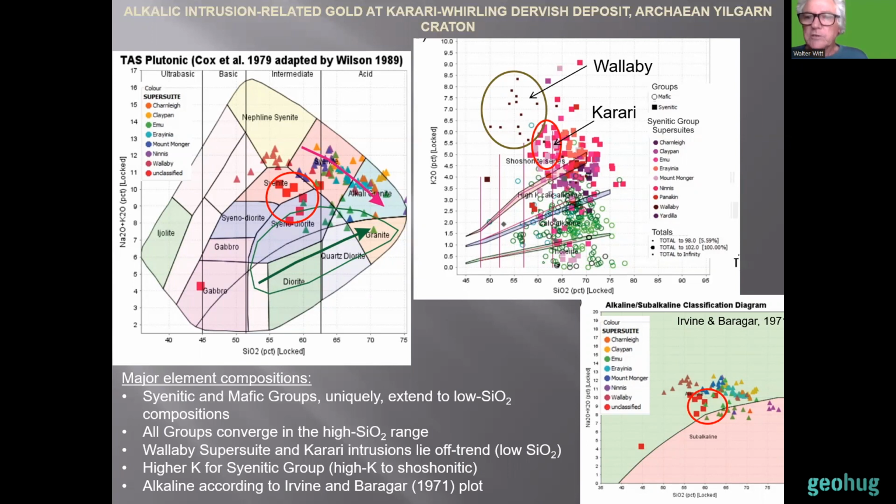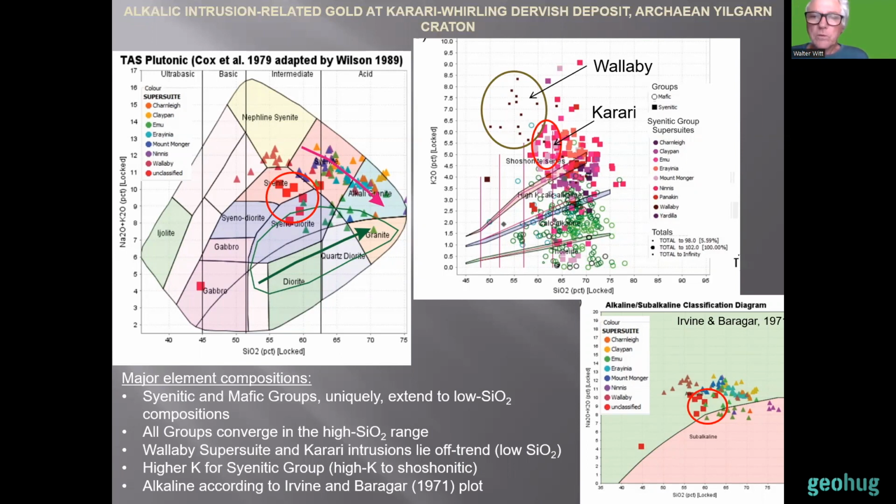Perhaps this is some sort of fertility indicator that could be used in exploration. At the bottom right, the Karari samples plot as alkalic on an Irvine and Baragar diagram, as you would expect.